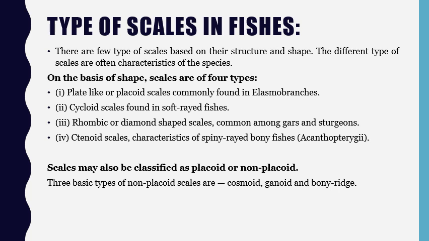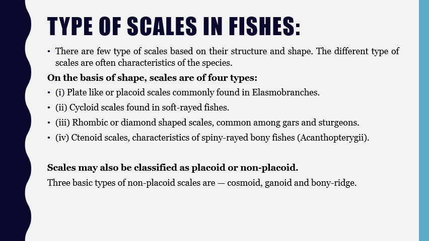First, plate-like placoid scale, commonly found in the elasmobranch fishes. Second is cycloid scales, found in the soft ray fishes. Third is rhomboid or diamond-shaped scales, common among the gars and the sturgeon fishes.